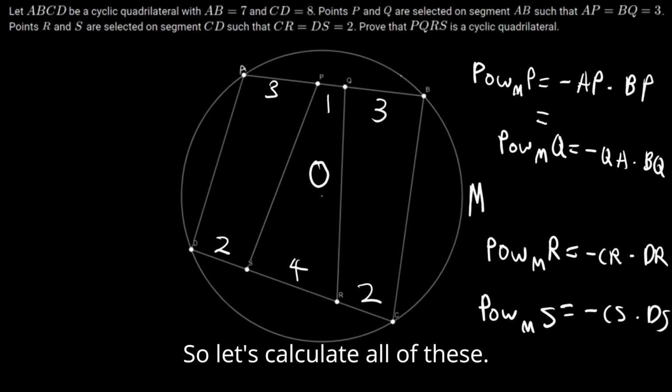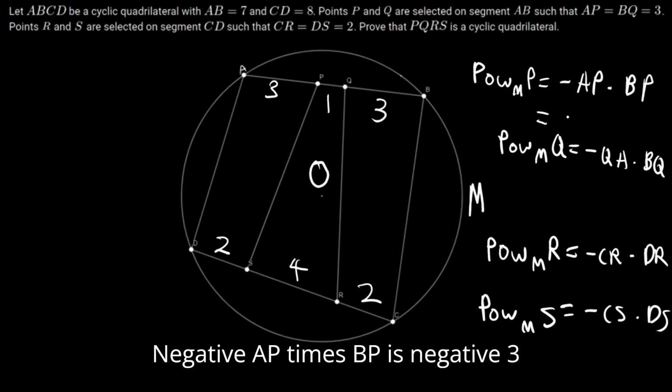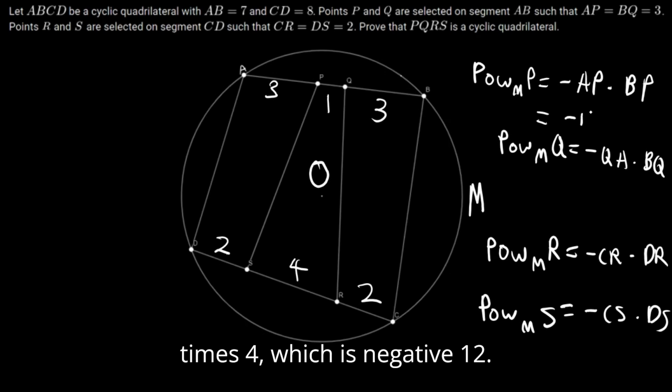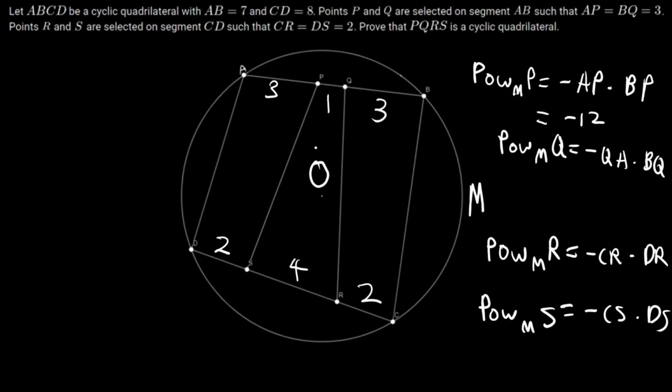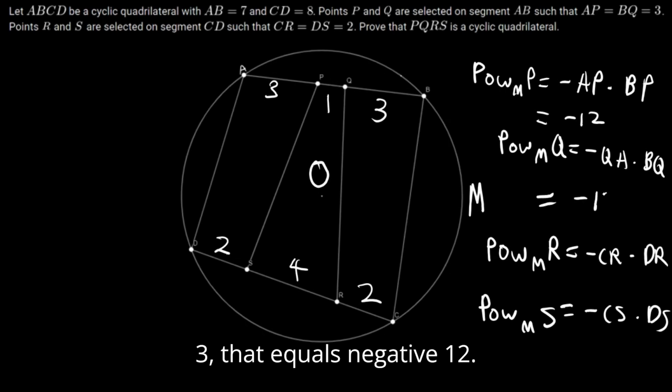So let's calculate all of these. Negative AP times BP. AP is 3, BP is 4. Negative AP times BP is negative 3 times 4, which is negative 12. QA equals 4. BQ equals 3. Negative 4 times 3 equals negative 12.